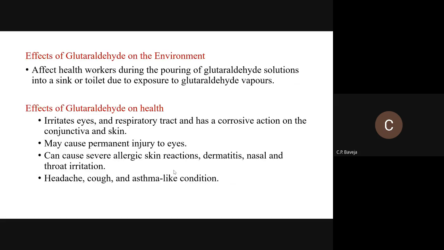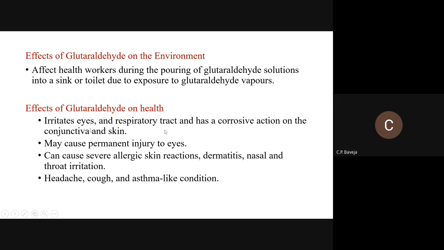Then effects of glutaraldehyde on environment. It affects health workers during the pouring of glutaraldehyde solutions into a sink or toilet due to exposure to glutaraldehyde vapors. Again, vapors may be there, one can inhale the vapors. Effect of glutaraldehyde on health: it may irritate eyes and respiratory tract and has a corrosive action on the conjunctiva and skin.